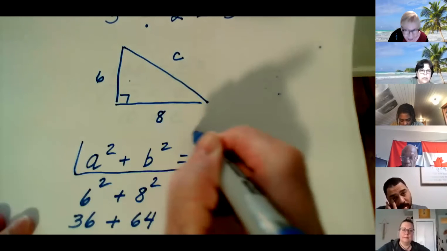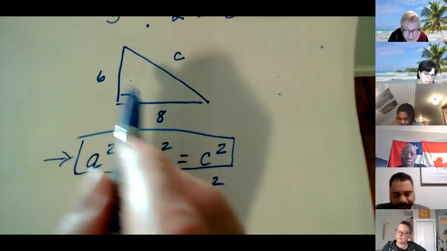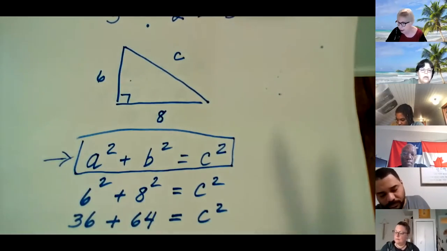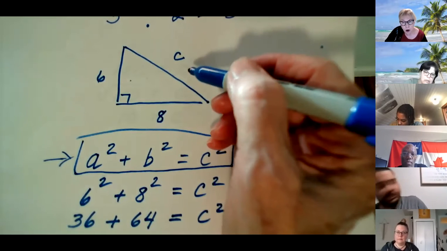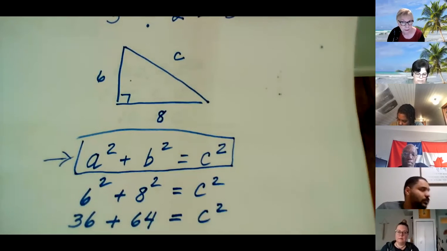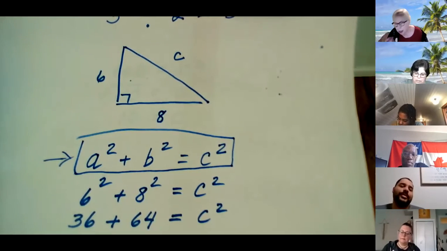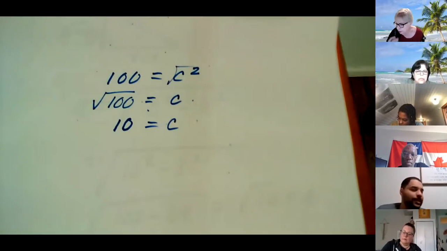This is the one thing that will take care of any problem like this, where you have 2 out of the 3 sides, and you can clearly see which one is the longest side, and that has to go all by itself on one side, the other 2 on the other side. Okay. Anybody have a question right now? Just turn on your mic if you do.